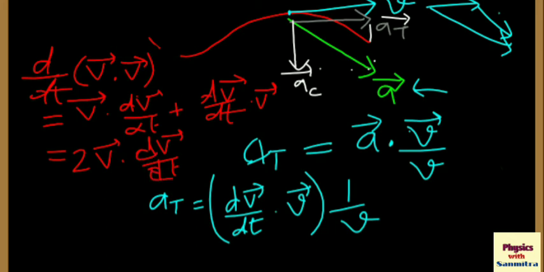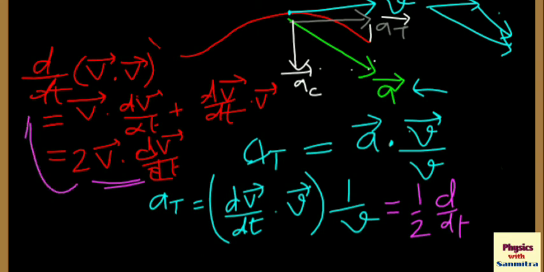Now I will be replacing this part here. I'm just transposing 2 to that side, so that will be half d/dt of v vector dot v vector, that will be v square, into 1 by v. See, d/dt of v square will be 2v dv by dt.